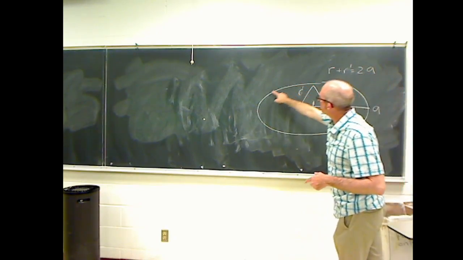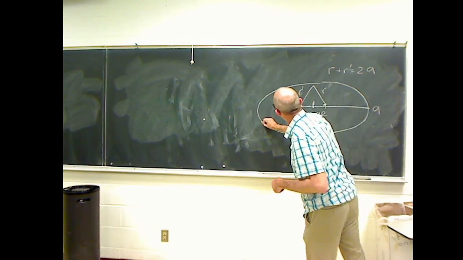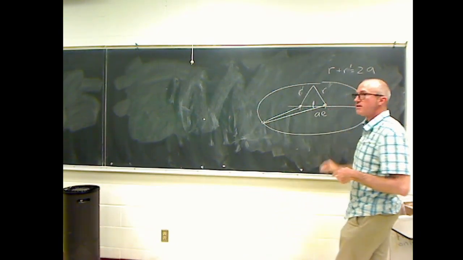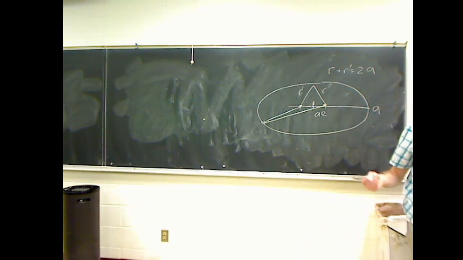So everywhere along this ellipse, the sum of the distance to the first focus plus the distance to the second focus is twice the semi-major axis. Does that make sense? That's how you make an ellipse. You take 2 points, and the distance between the two is twice some other number. That defines the ellipse.